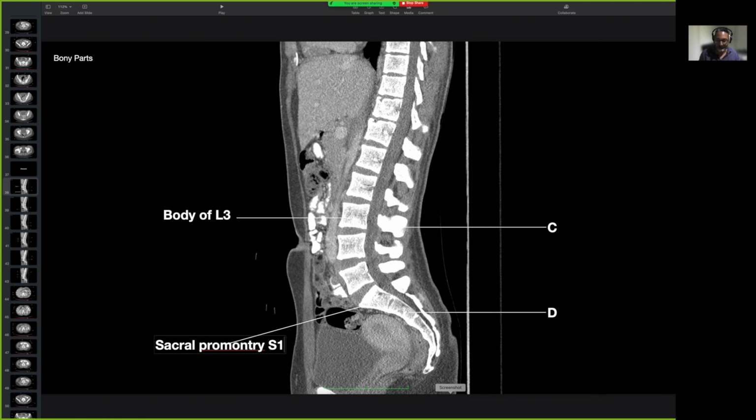All right, C? No, it is not the transverse process. Transverse process comes laterally. This is going posteriorly. Spinous process.